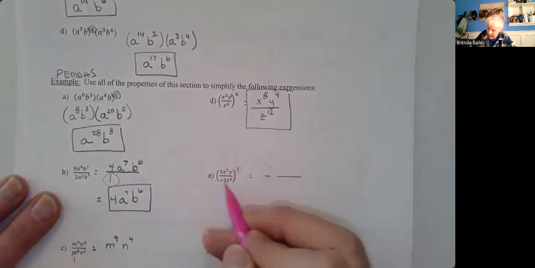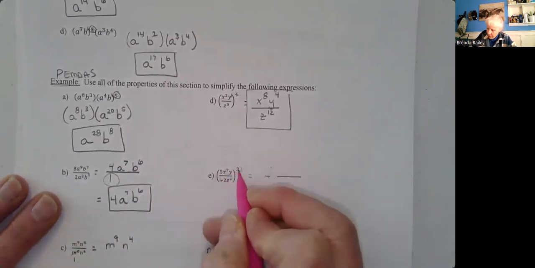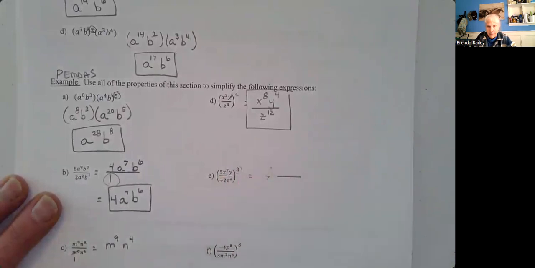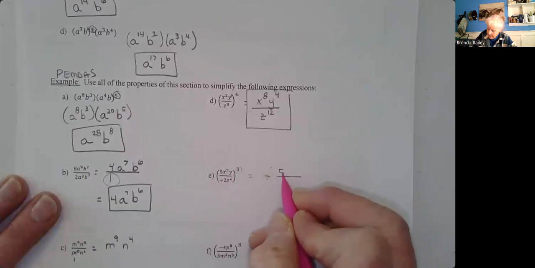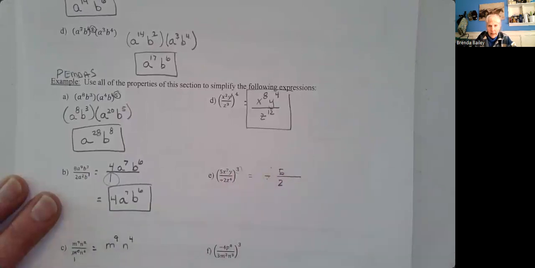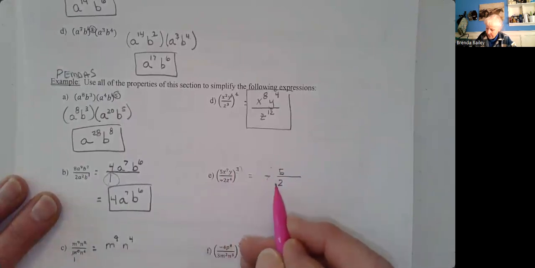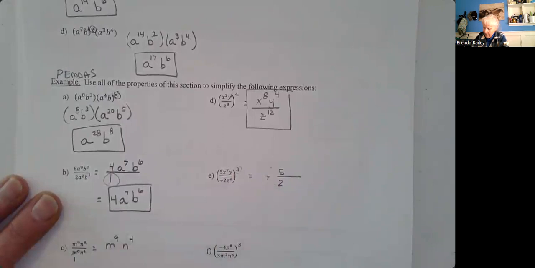So I looked at this, I thought, oh, okay, I've got this negative and cubed, so I'm going to keep the negative. 5 and 2 do not reduce. If you want to keep the negative with the 2, go for it, it's fine. If you want to move this down to where it was in the original, that's fine. Oops, sorry, I forgot to cube them.